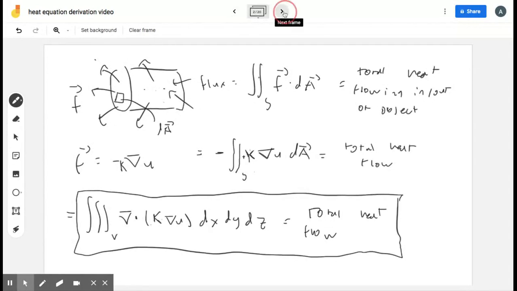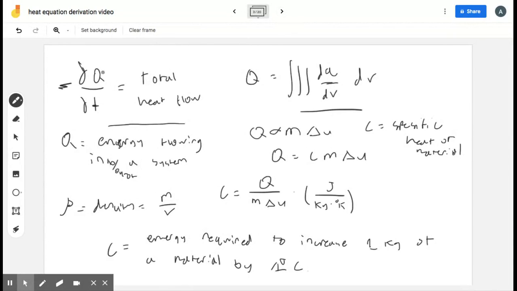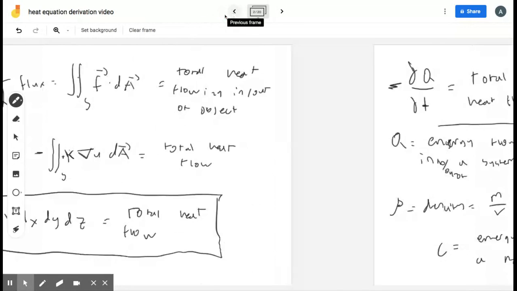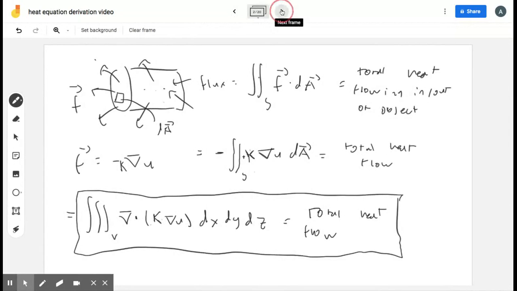But dq over dt is the rate of change of energy flowing through the system, and this would say that a positive heat flow would be when heat is flowing into the system, right? Which is not what we want.